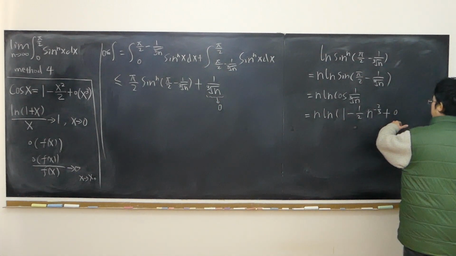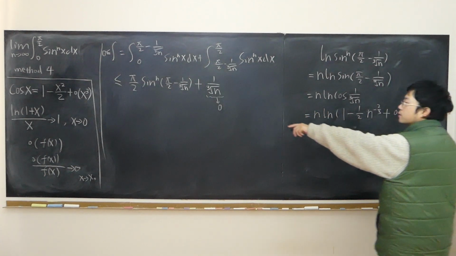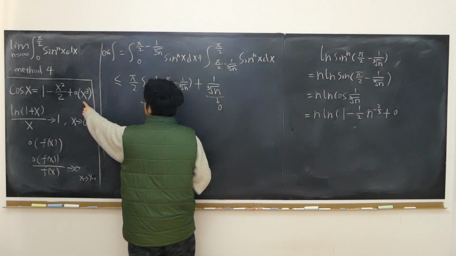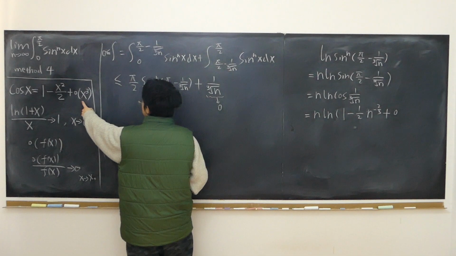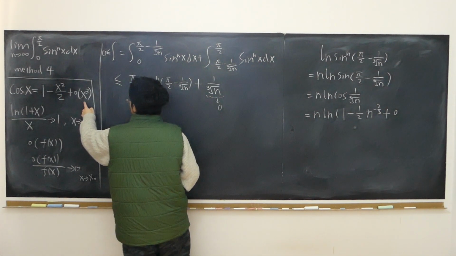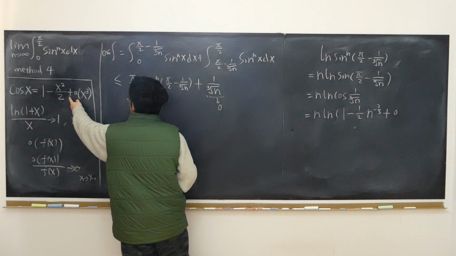So little o of x cubed. The reason I write x cubed is because we could have written x squared, because we're ending with x squared, but I'm writing x cubed because I assume that the following term is just 0.